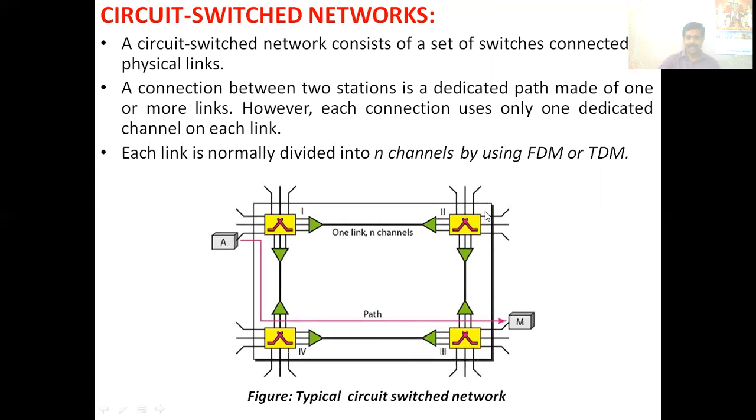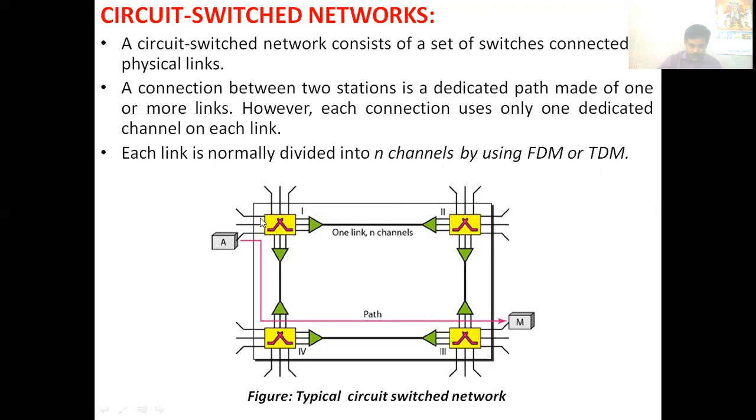This is an example of a circuit switched network. These yellow rectangular boxes are the switches. This is node A and this is node M. If you want to send any information from node A to node M, then you need a dedicated path. Before transferring data, you have to create one dedicated path.